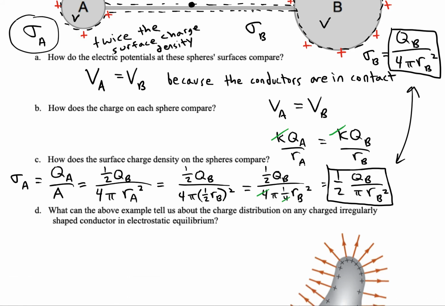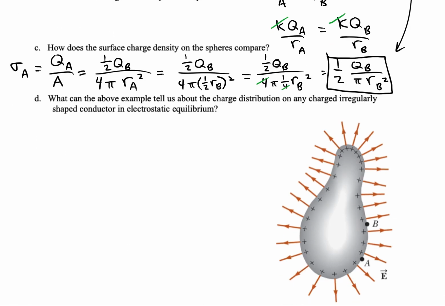So that has important implications when it comes to the surface charge distribution on conductors. If we have an irregularly shaped object with some very large surface areas and then some very tight corners here, we're going to find that there is a higher charge density at the corners.